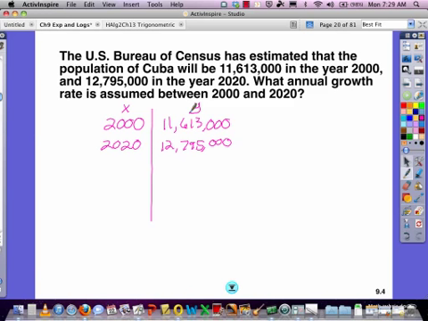Make sure if you have any other data, you clear it out, delete it, because we do not want it in our list. We want it clean. And then the L2s, we need the bigger numbers, the population. 11,613,000, and then 12,795,000. And again, delete any extra data.